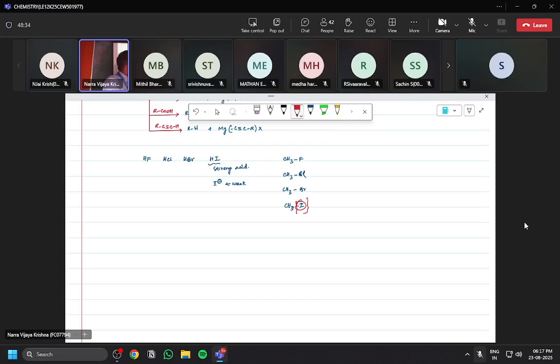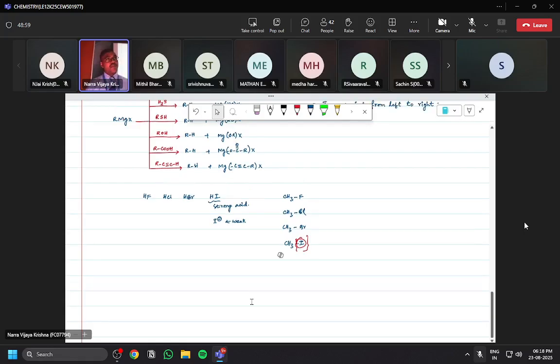So if it is a good leaving group, what about F minus? Poor leaving group. Correct? Any questions? Now, in a group from top to bottom, what happens to the ability to go and attack? Decreases. Correct or not? Respond.